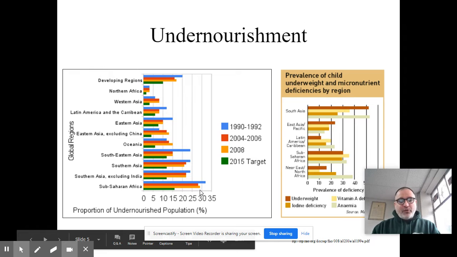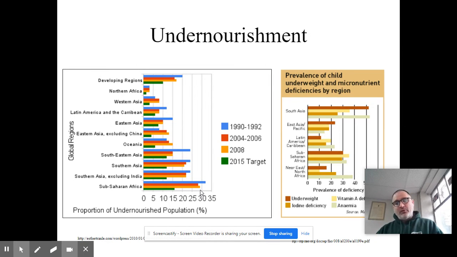If you look, almost 30% of sub-Saharan Africa is undernourished, and they want to take it down to 15%. So that's a big 15-point jump that they're looking to try to address the undernourished population. So big jumps, big things, and again, what impacts those are natural disasters and conflict.